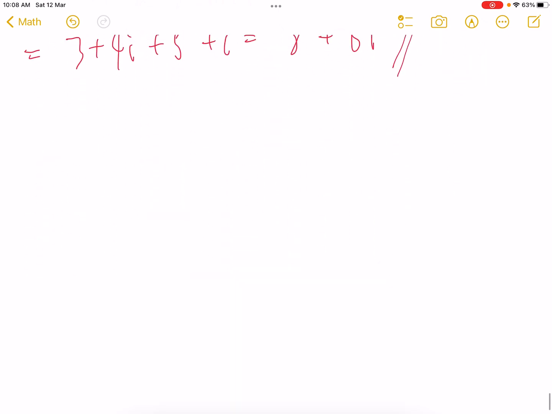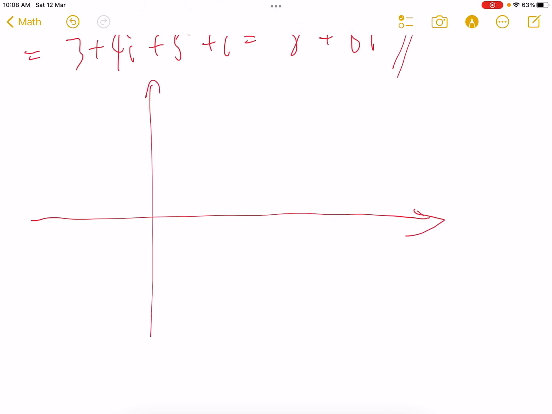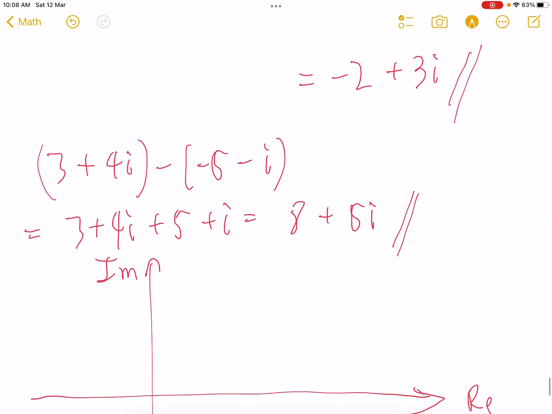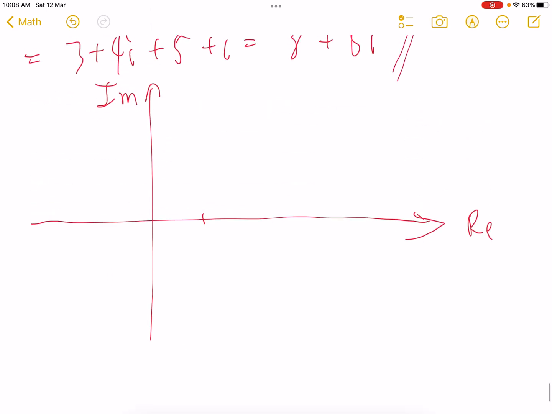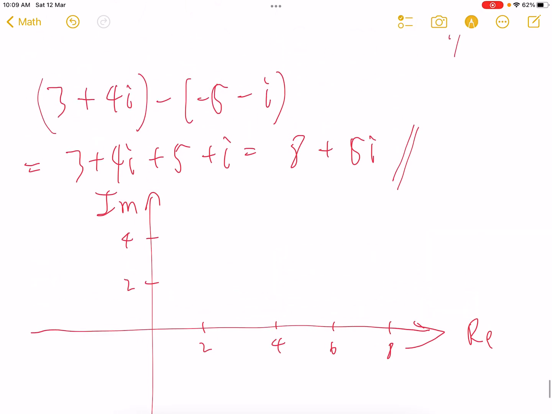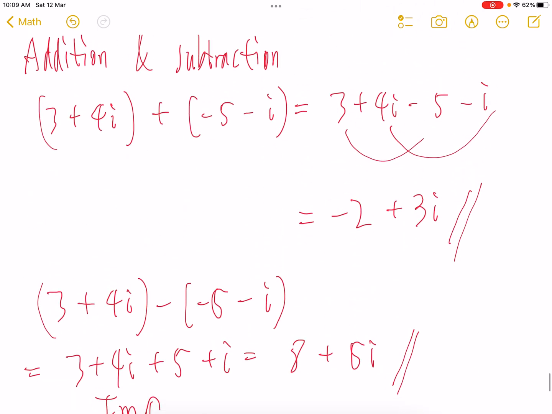And just to give us a better geometrical interpretation, this is real and this is imaginary. Okay, good.